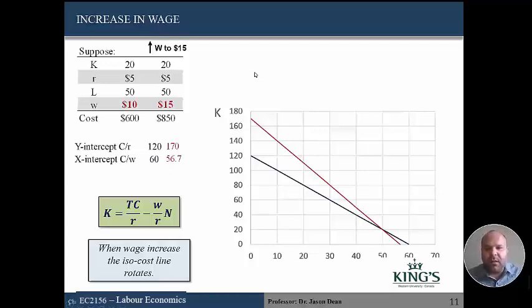Again, we're assuming that the initial point, a point on the initial ISO cost line, is the same. So capital is 20 for both, labor is 50 for both.